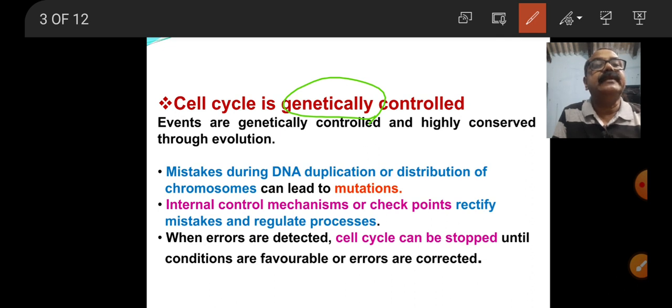So, there are internal control mechanisms or checkpoints to rectify mistakes and regulate the process of cell cycle. When errors are detected, cells can be stopped from dividing until conditions are favorable or errors are corrected.